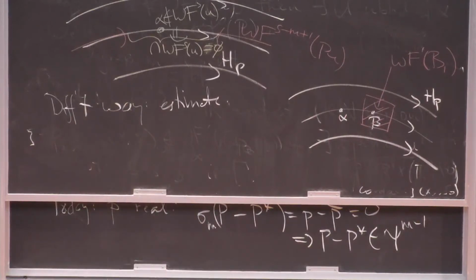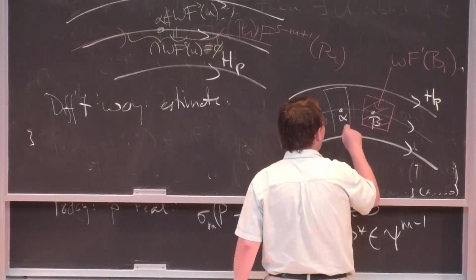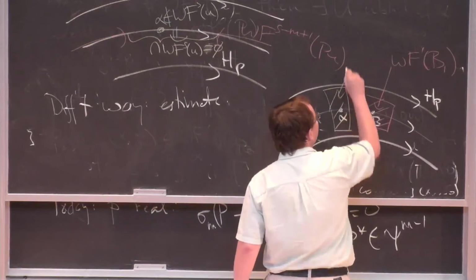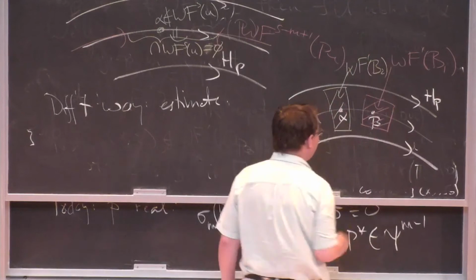Now, what I need to achieve this is to know that I have a region here. This is going to be the wavefront set of some other localizer B2.